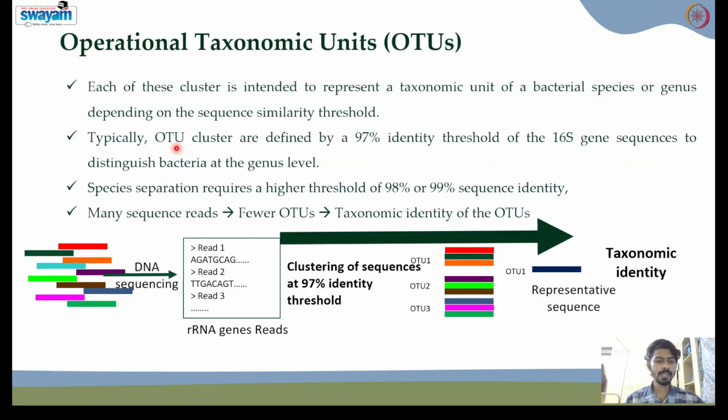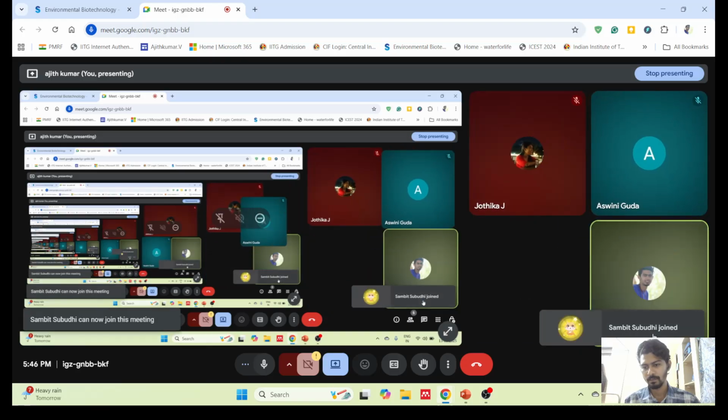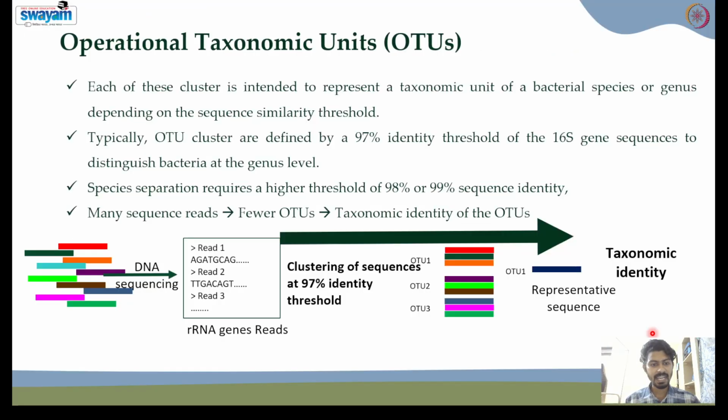And in metagenomics, you have to understand one most important term, which is the operational taxonomic unit. First, we will collect the environmental sample and extract the whole DNA out of it.